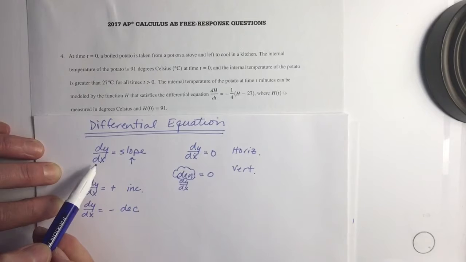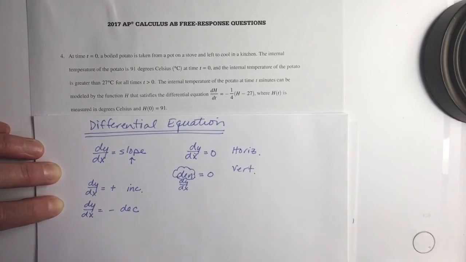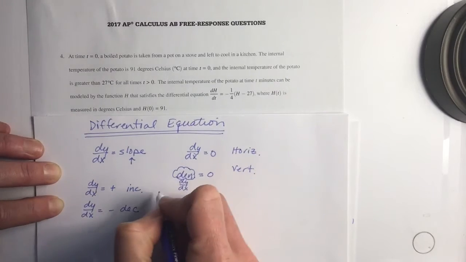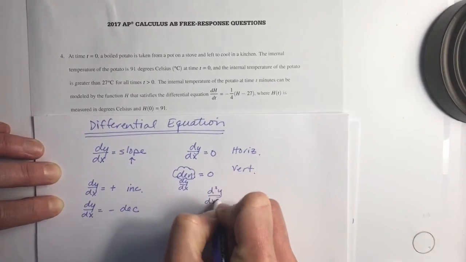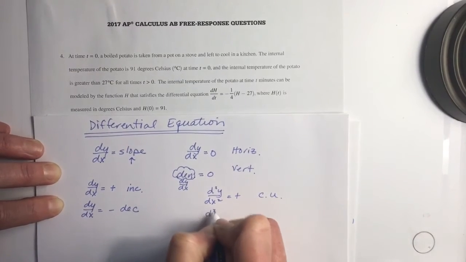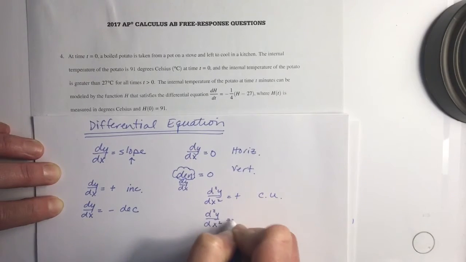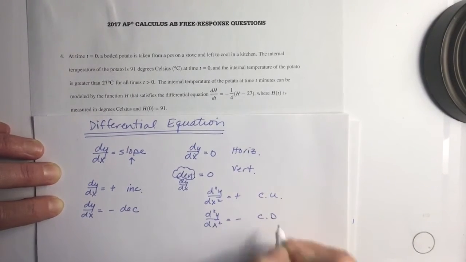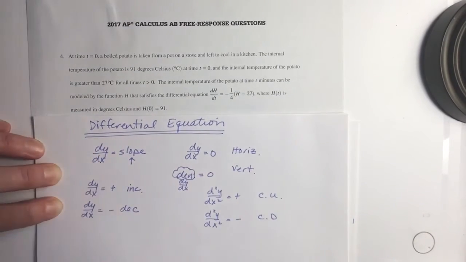Yeah, you're darn tootin' we can. If we take the second derivative and it's positive, we are concave up. So I'll put that over here. It's positive, we're concave up. And if it is negative, we are concave down. So a lot of things going on here with a differential equation.